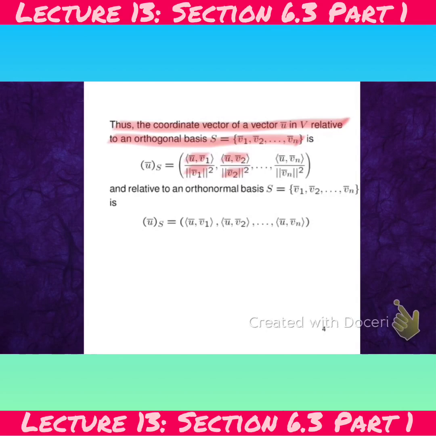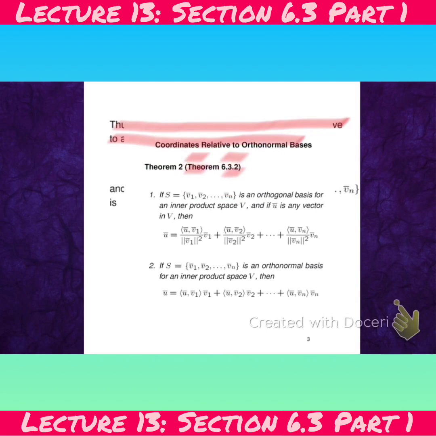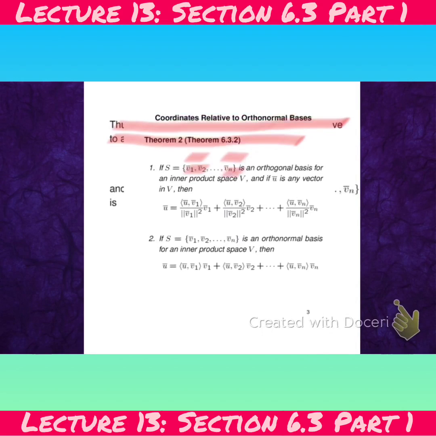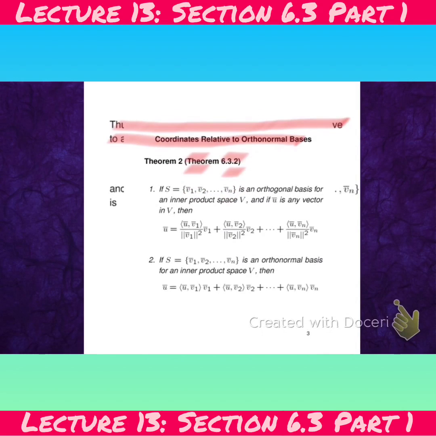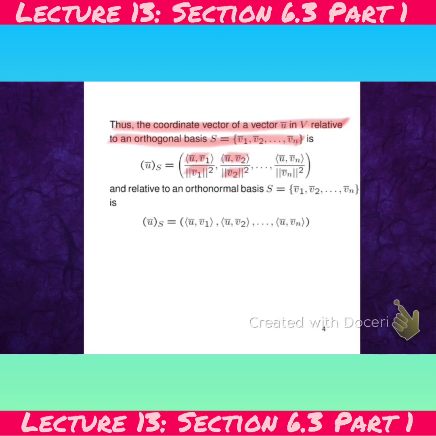If we go back to this result here, you can see the vector u and all its coefficients that you solved, and that is the coordinate vector relative to the orthogonal basis.